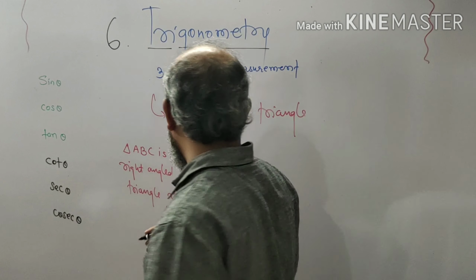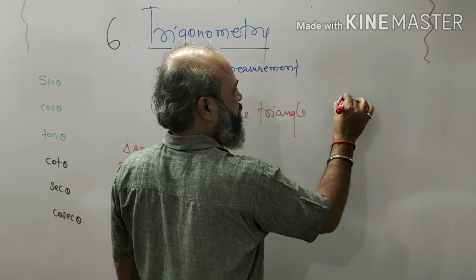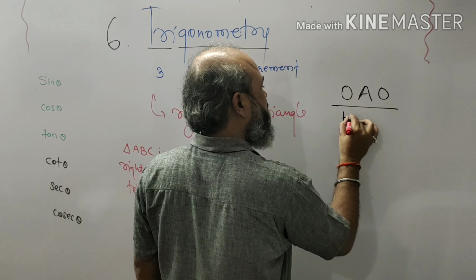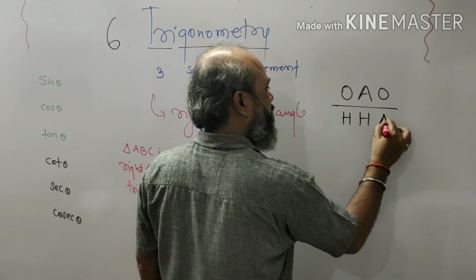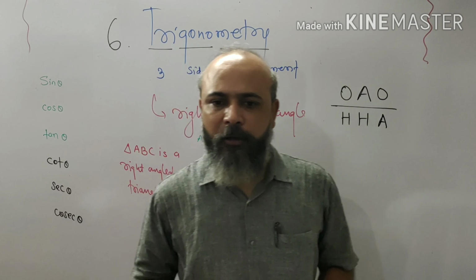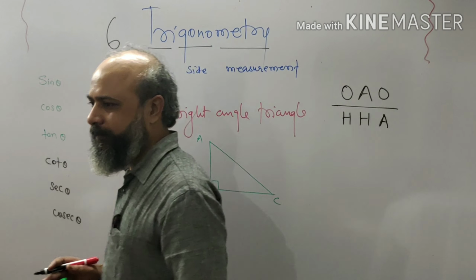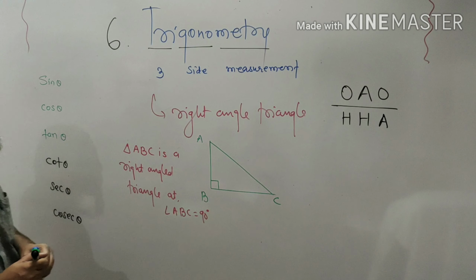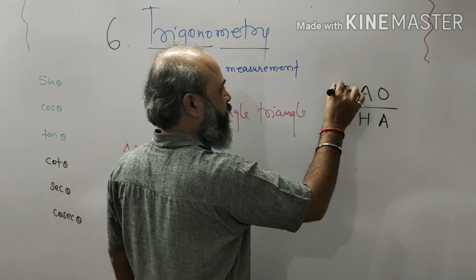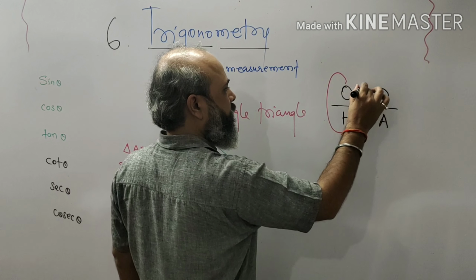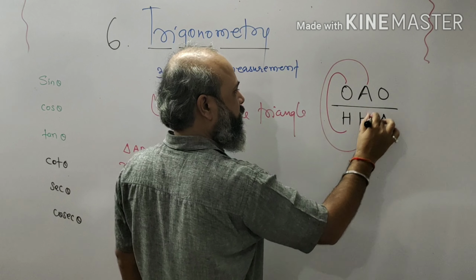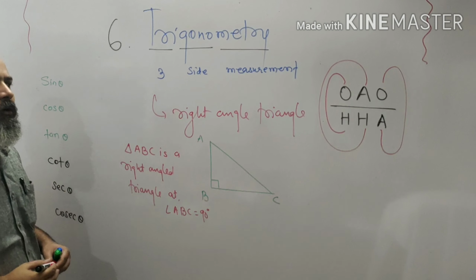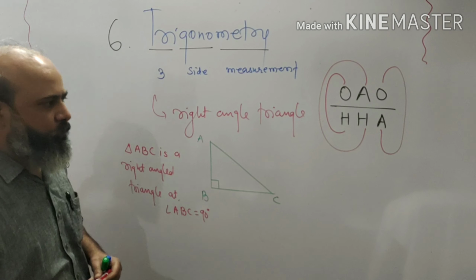Now you will remember this: O A O upon H. Either you remember it like this: O hero, A hero, OA.